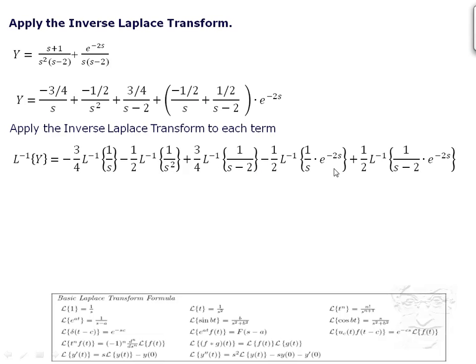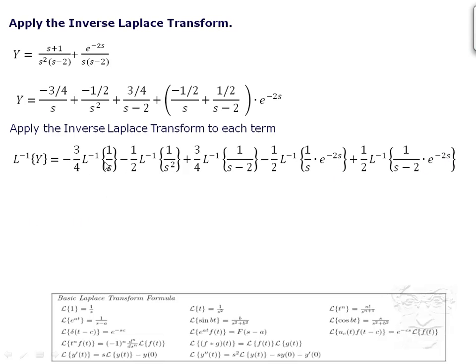Here I broke this up into two terms. You watch, I'm going to bring it back together in just a minute. But I have minus 1/2 times the inverse Laplace of 1 over s e to the negative 2s, and then plus 1/2 times the inverse Laplace of 1 over s minus 2 e to the negative 2s.